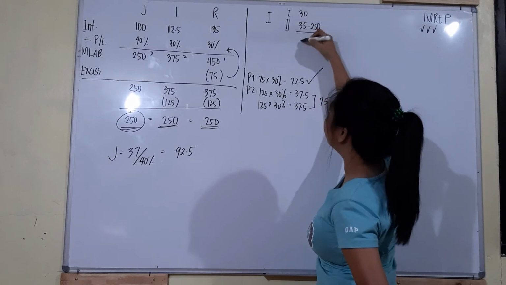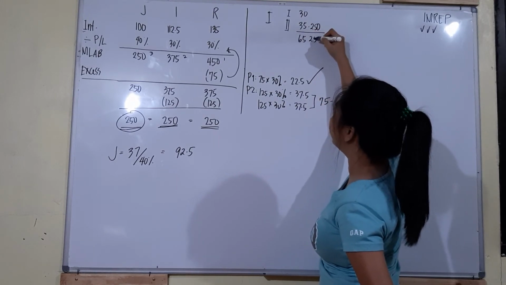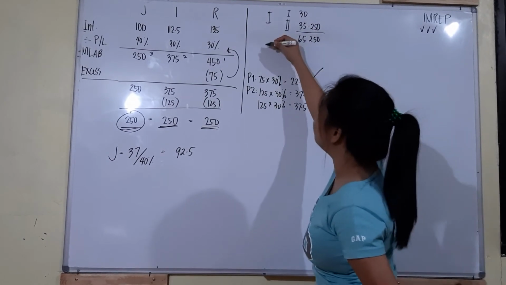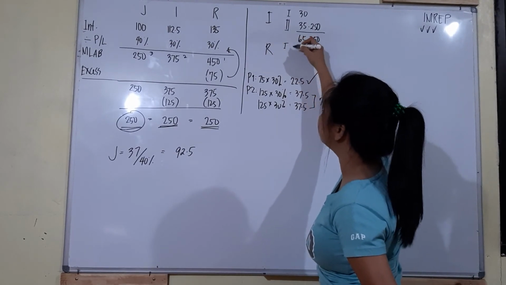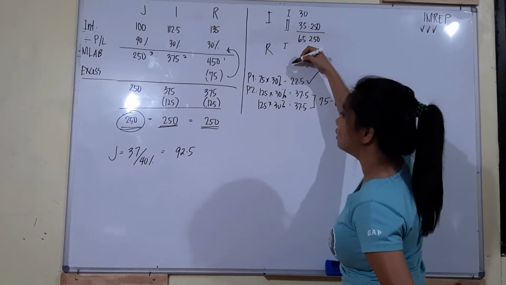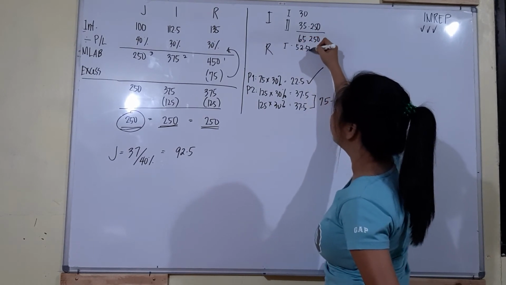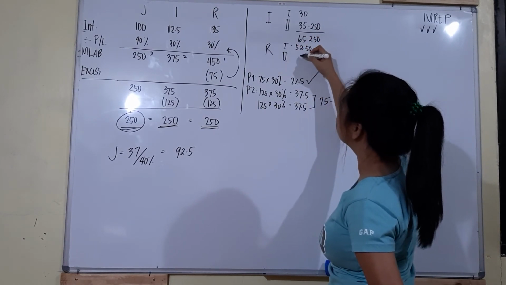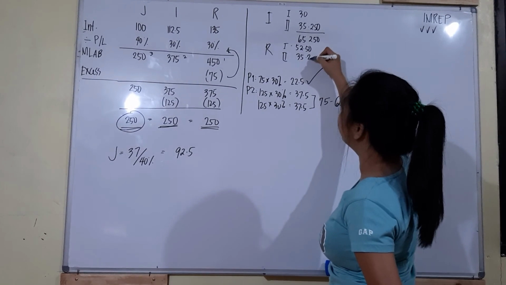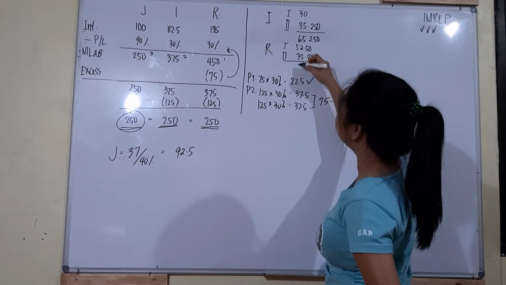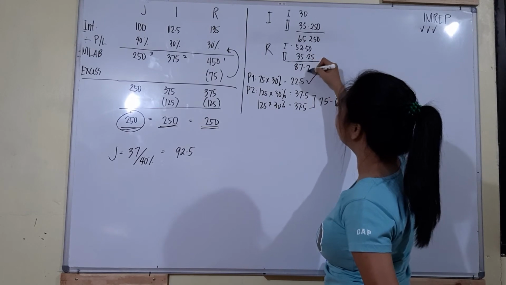So, a total of 65,250. For Ruby, on the first installment, naka-receive na siya ng 52.5. And on the second installment, naka-receive siya ng 35.25. So, she received a total of 87.75.